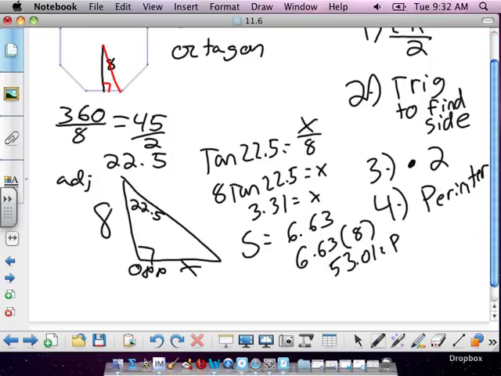Now I know what the apothem is, right? So I can skip straight to area. I got 53.02. It just means you didn't round.